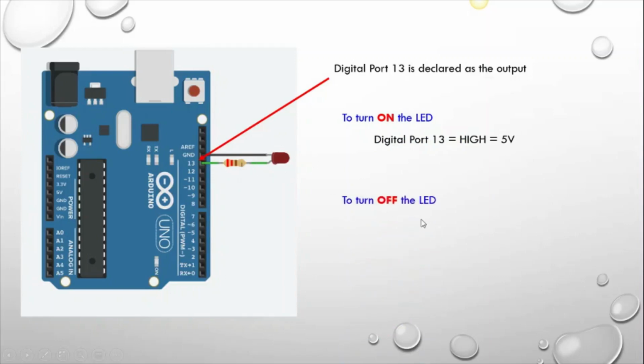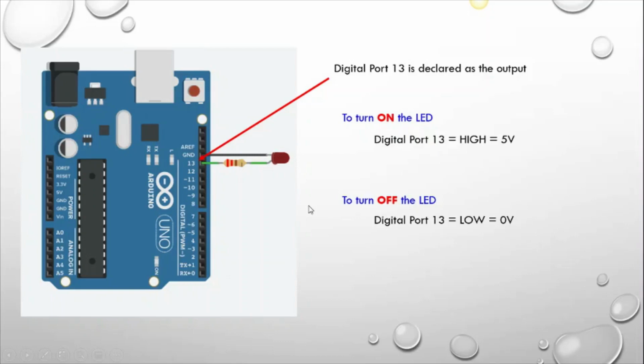Otherwise if you want to turn off the LED, you must set the digital value at port 13 as low, or you have to give 0. When you give low value, no voltage output, or 0 voltage output, will be produced here, and therefore it will turn off the LED.